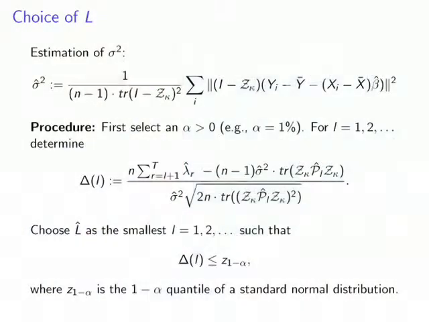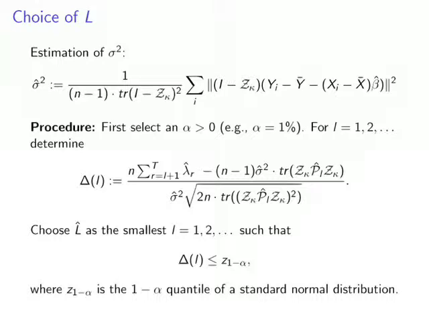If the hypothesis for some L, say L equal to 3 or L equal to 4, is true, then this statistic should be smaller than, say, the 1 minus alpha quantile of a standard normal distribution, because then it should be approximately standard normal. So this gives an idea.